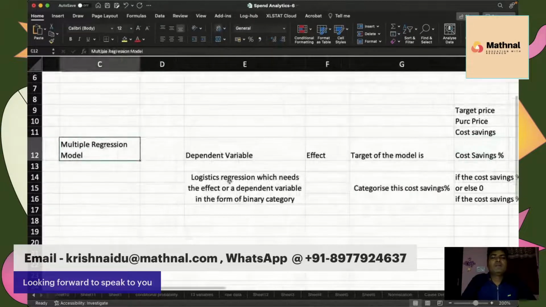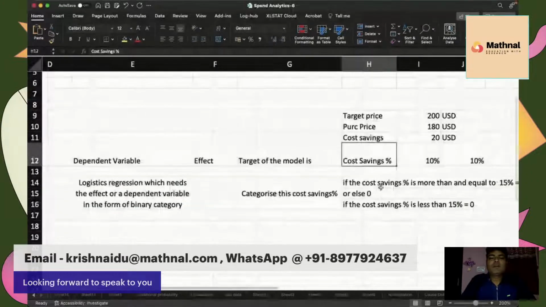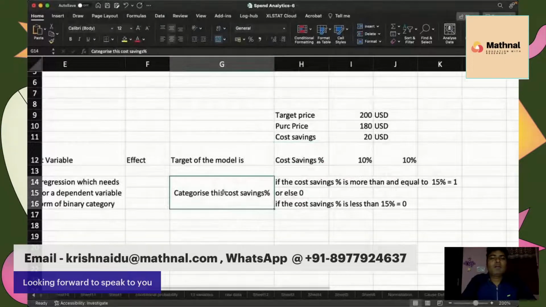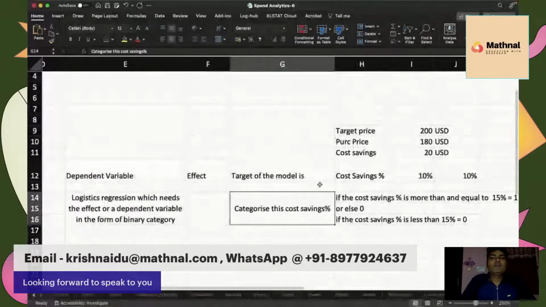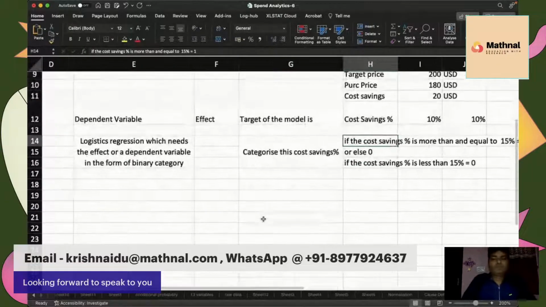Since I'm using logistic regression, I'm converting my cost saving percentage into a categorical form with a binary division. So if any cost saving is more than or equal to 15%, it is 1, or if it is less than 15%, we define this as 0. Right? This is our target variable.